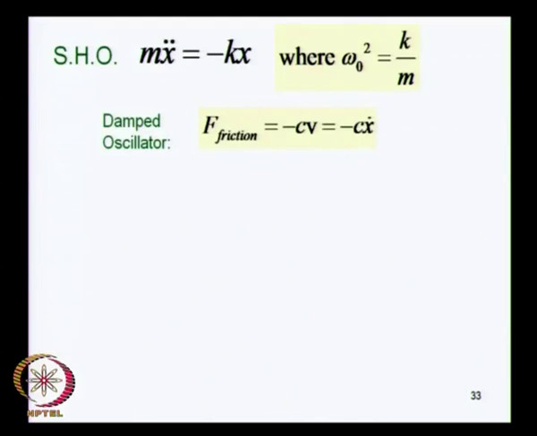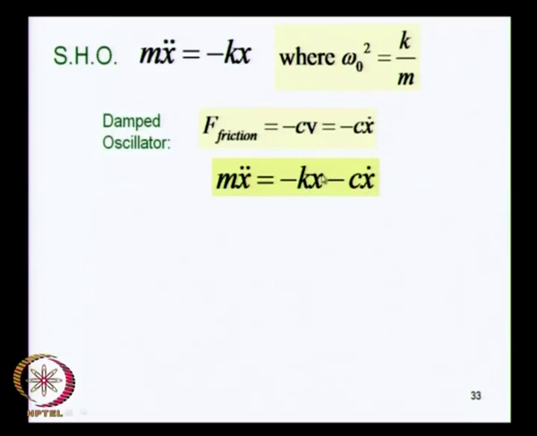A very common form used for this force is one proportional to the velocity, given as minus c times the velocity. This is a very common expression used for the damping force. So, the equation of motion will contain the restoring force minus kx, and it will have this additional term.